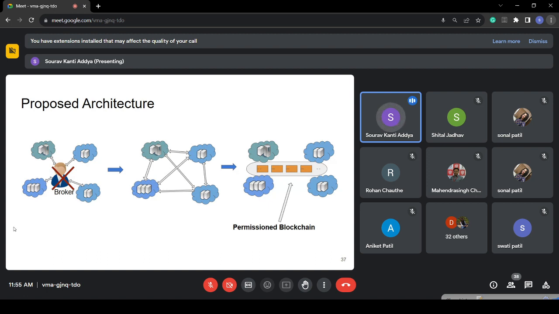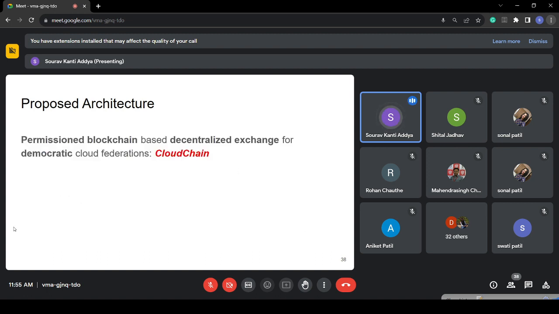What we did in our work, which has been published in one of the top conferences, the IEEE Services Computing Conference, an A-grade conference, is first of its kind. Before that, no work had been done on this.